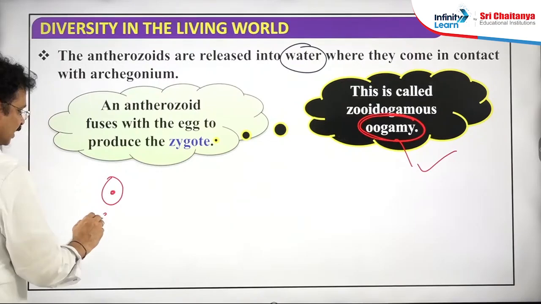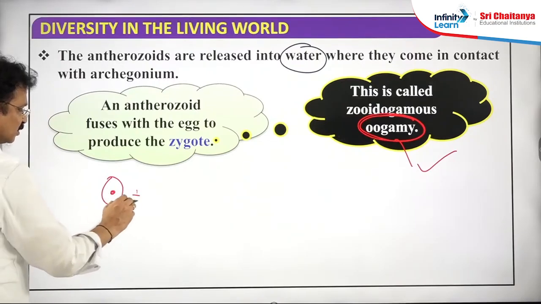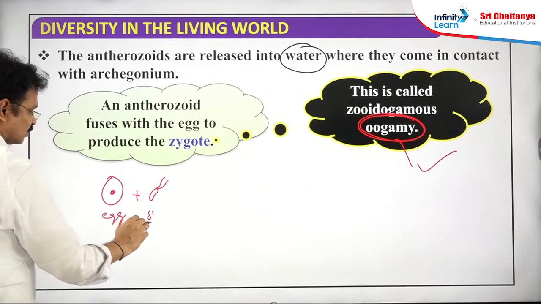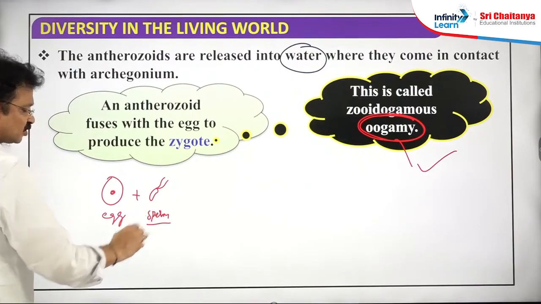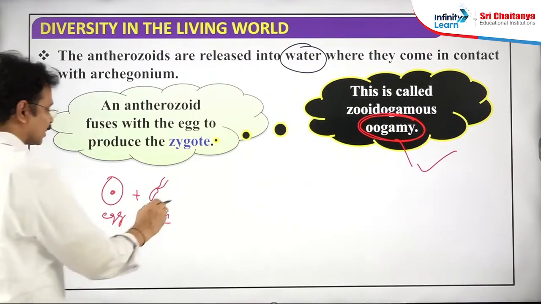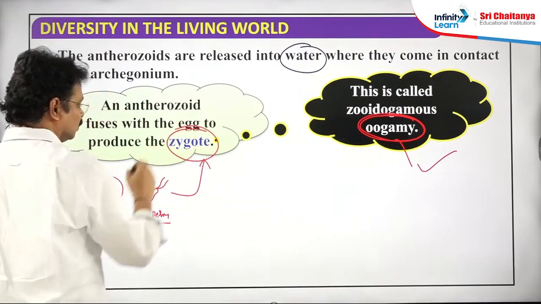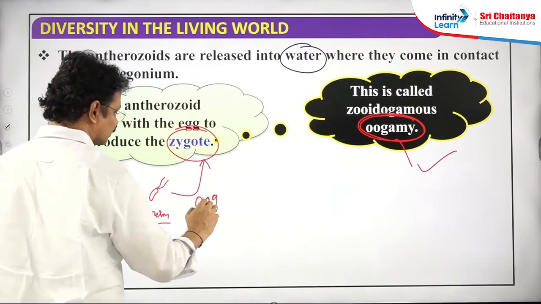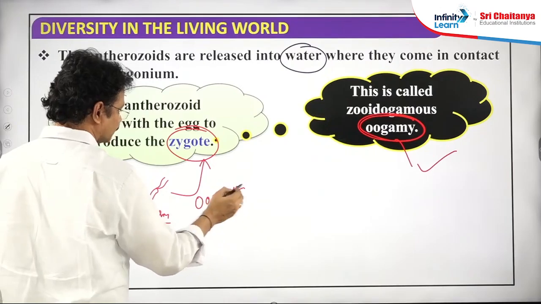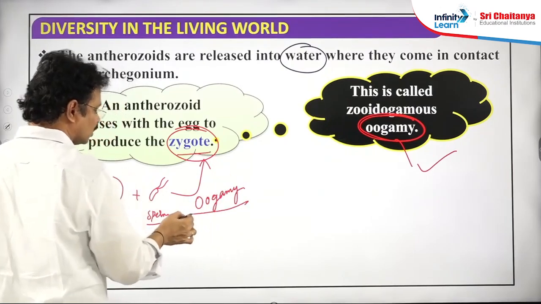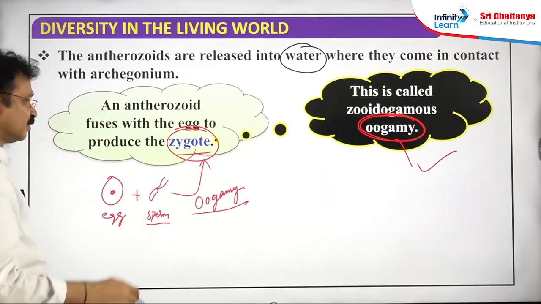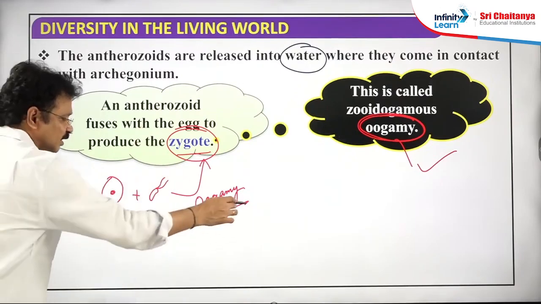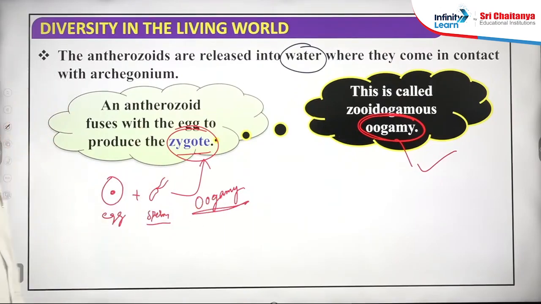The female gamete is the egg, larger. The male gamete is very small and flagellated. It is also called the sperm or antherozoid, and it is motile. They give rise to the zygote. This kind of fertilization is called oogamy. The zygote is the result of oogamy. In all higher plants, not only Bryophyta but even Pteridophyta, Gymnosperms, and Angiosperms, the same kind of gametic fusion is there.